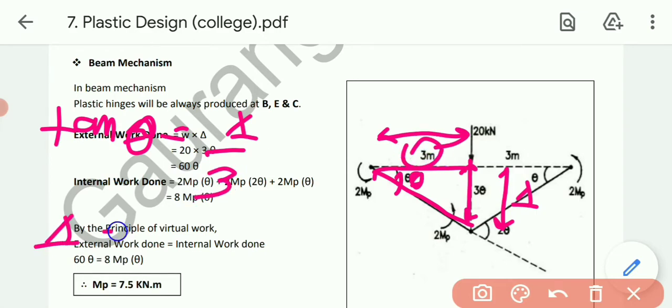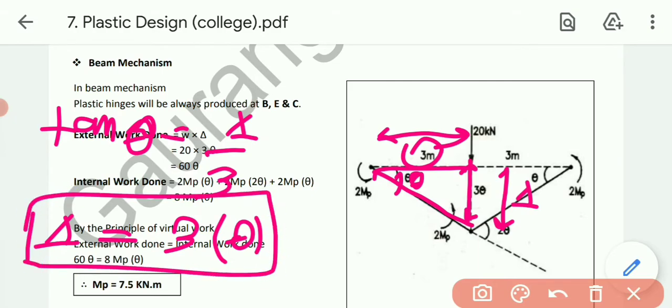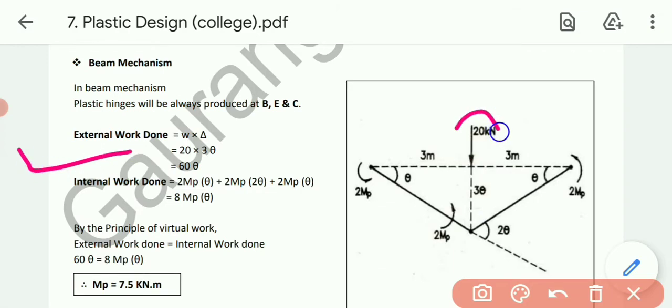So deflection equals 3 tan theta. As tan theta is very small, deflection equals 3 into theta. So external work done, load into deflection, W into delta, is 20 into 3 theta. We will get the answer 60 theta.